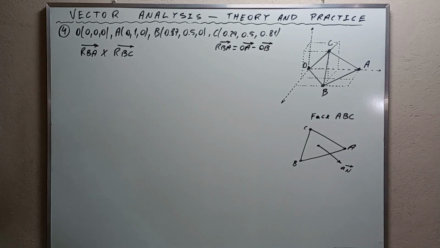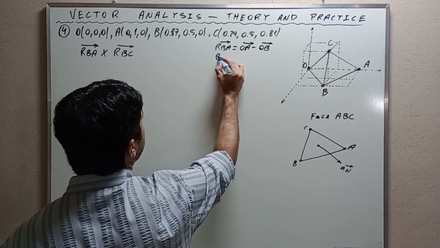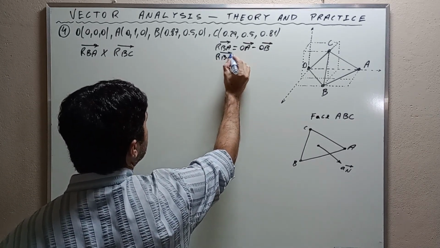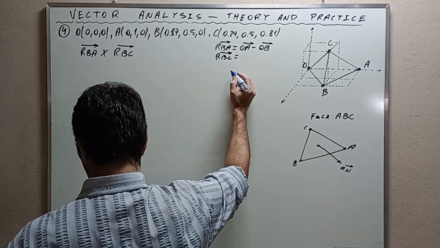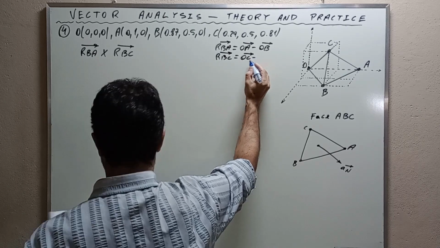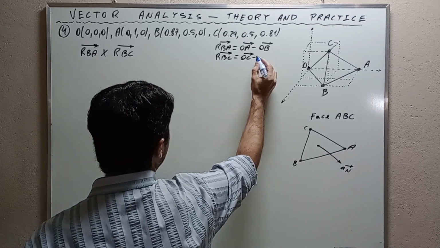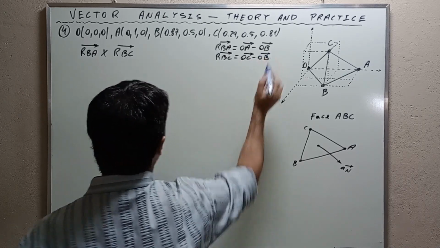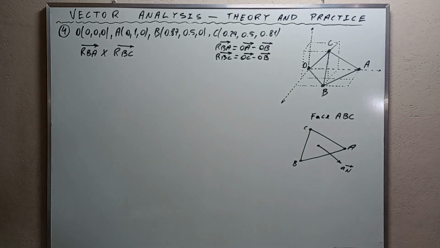Likewise, R_BC can be understood as OC minus OB. We're going to use this to calculate, okay?